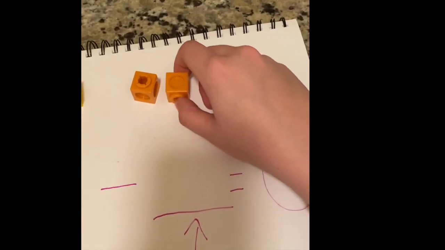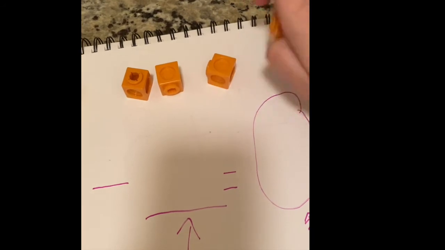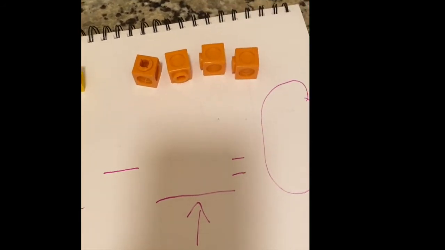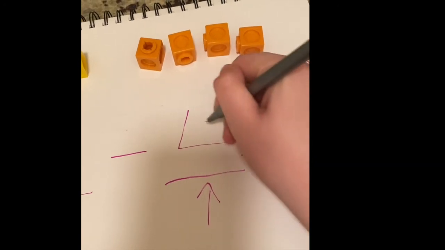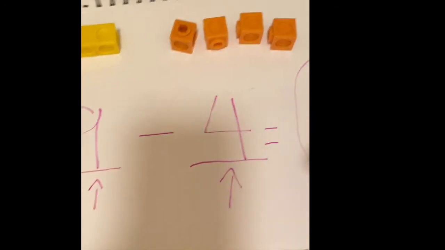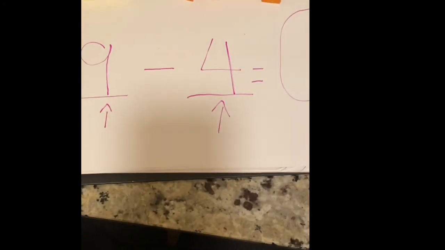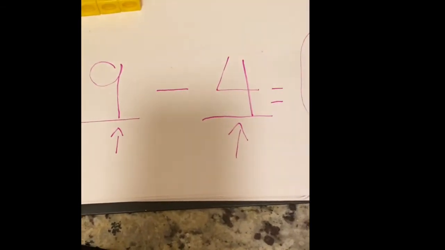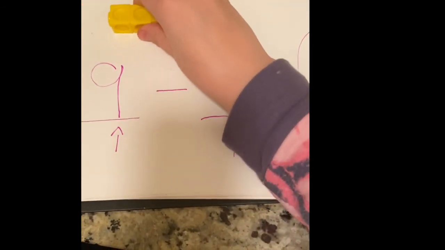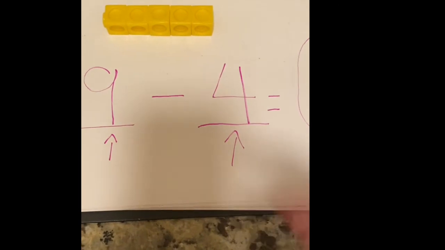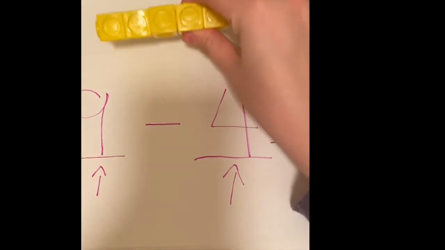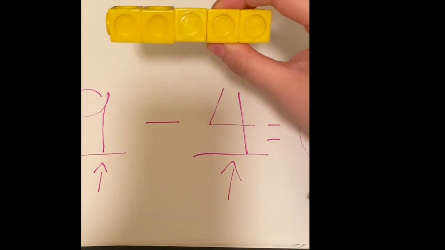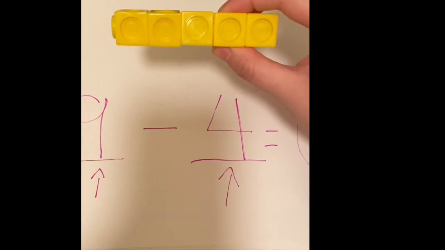So this is 1, 2, 3, and 4. So we have 9 minus 4 for our number sentence right now. So we're going to take this away because we're separating it, so completely separating it from our Unifix cube train. Now, friends, what is left over? How many yellow Unifix cubes am I holding up?